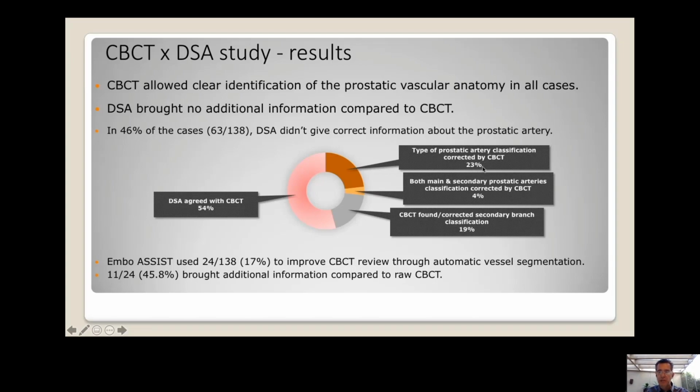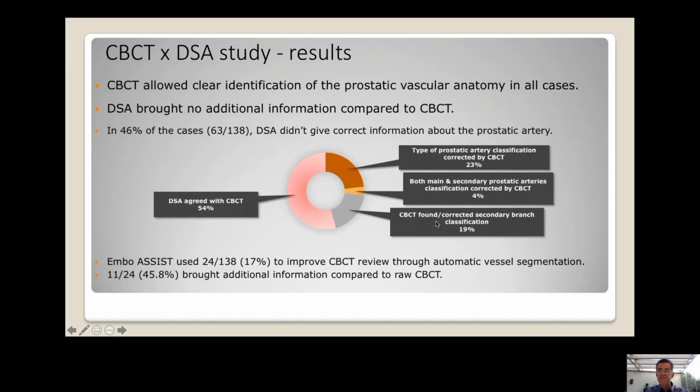In 23%, we were able to identify the type of prostatic artery classification by Carnevale CT. It means that the DSA information was not correct. Also, in 4% of the patients, we found that the main prostatic artery and another branch of the prostatic artery were identified using Carnevale CT that was not found using DSA.